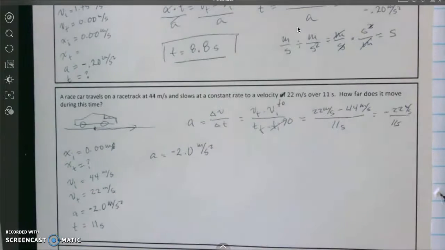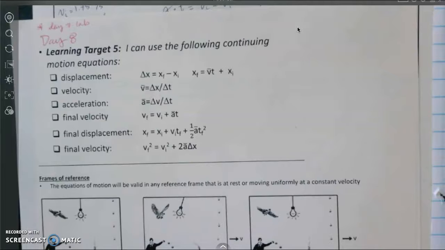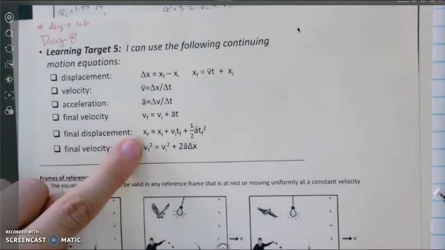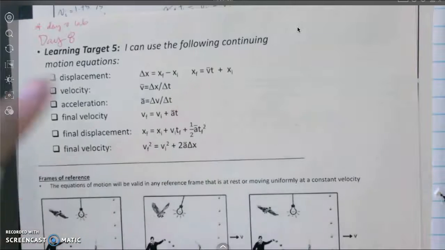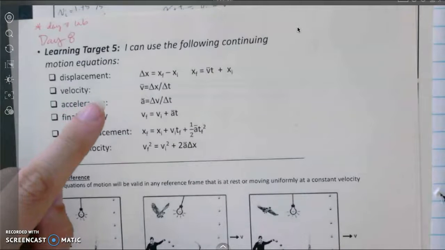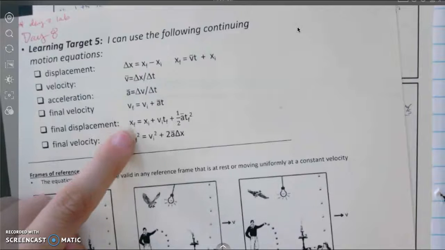Okay, so we have all these components now and we want to solve for x final. We have this one we could use, but my velocity is not average, it's not continuous, so I don't want to use that one. And then we have a delta here, but I think we're going to come back to this equation.